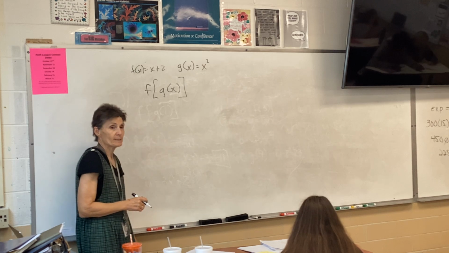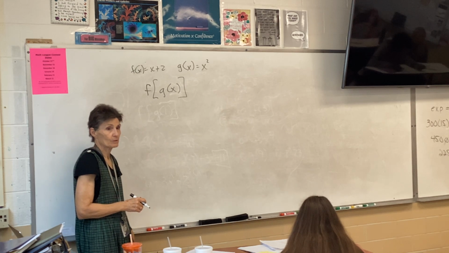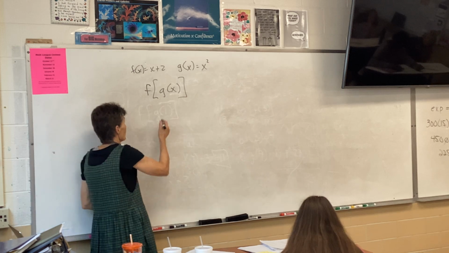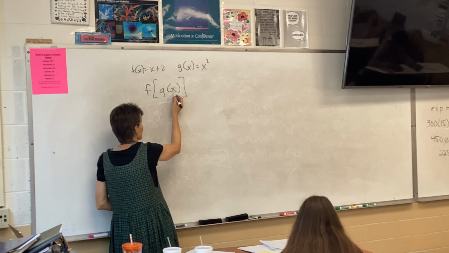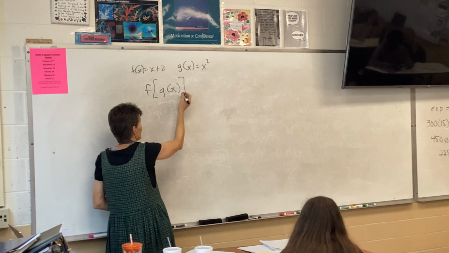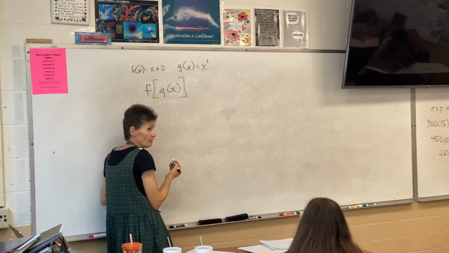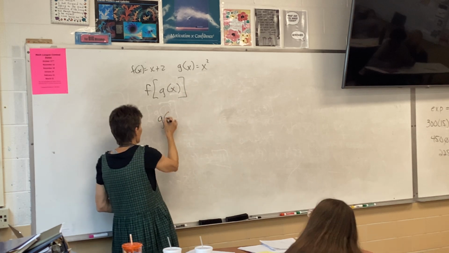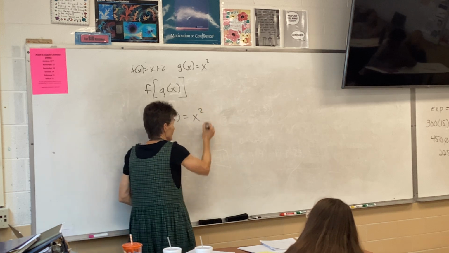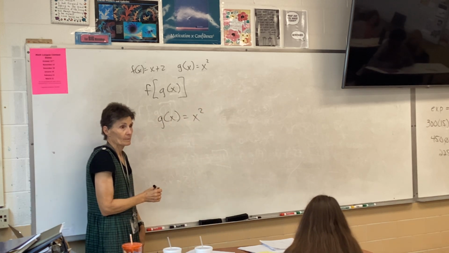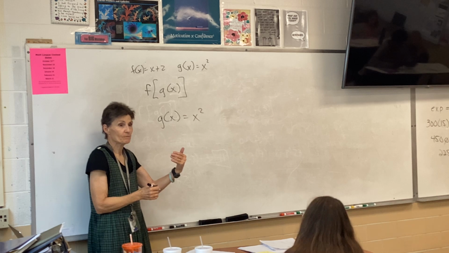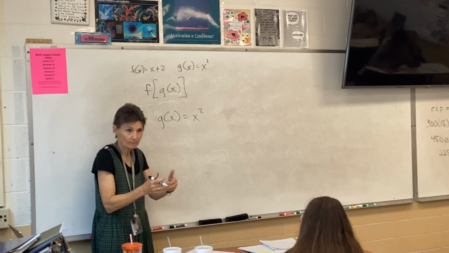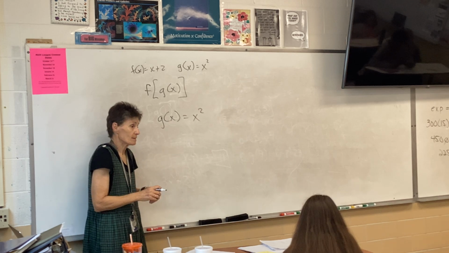Now, what letter do we start with? G. So we're supposed to plug x into g. Well, isn't x already plugged into g? So g of x is x squared. Just like if I had g of 2, it would be 2 squared. G of x is just x squared.